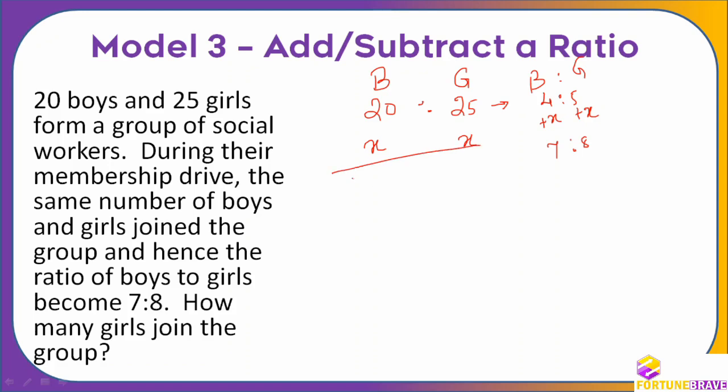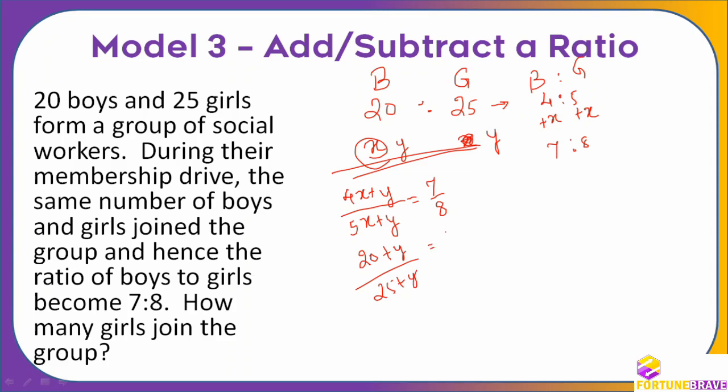If you wanted to solve it by the traditional method, you would take (4x plus y) divided by (5x plus y) is equal to 7 upon 8, or you could have taken directly (20 plus y) divided by (25 plus y) is equal to 7 upon 8, and then solve it.